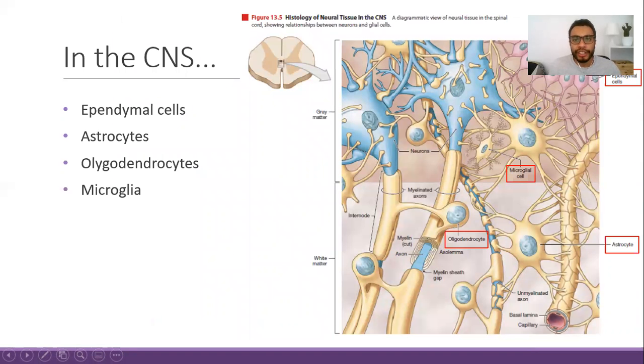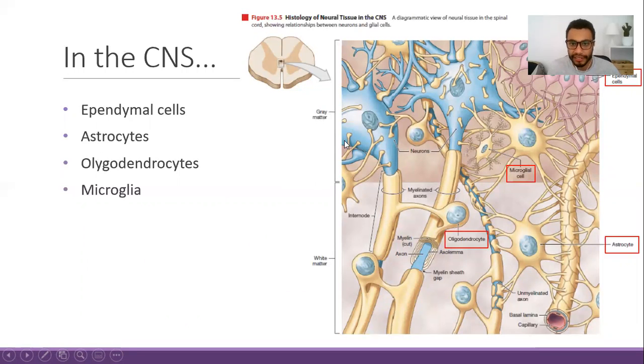So this is the picture that we have, first of all, in the central nervous system. As you see, this is the spinal cord in a transverse section, in which we can see gray matter here in the middle and white matter in the periphery.